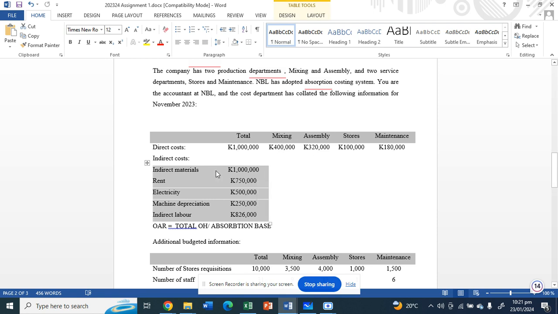Like the indirect materials, this 1 million, we have to share it amongst mixing, assembly, stores, and maintenance. Rent, the 750,000, must also be shared to mixing, assembly, stores, and maintenance.